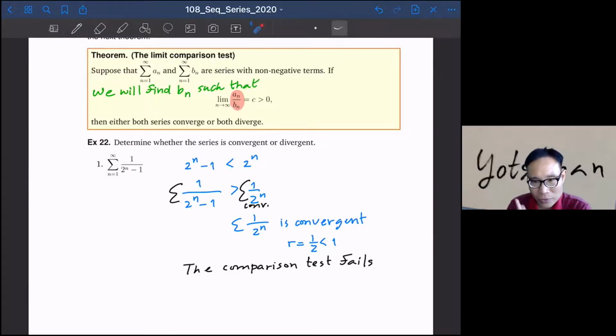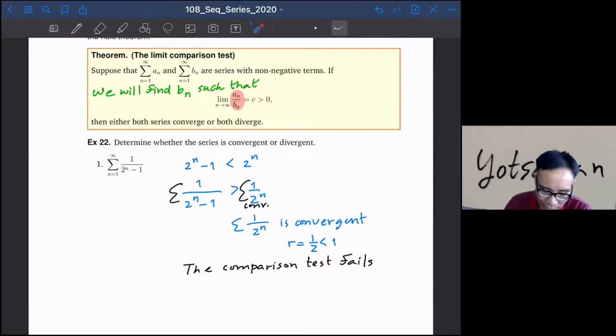If the limit equals 0, you will not be able to conclude anything. You will be able to conclude only for limit higher than 0. And the conclusion would be that either both series converge or both diverge. So what does it mean?